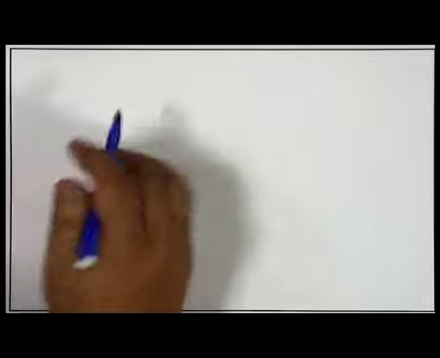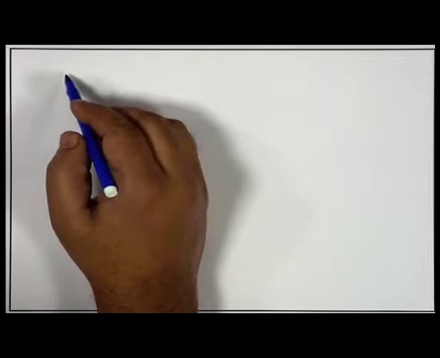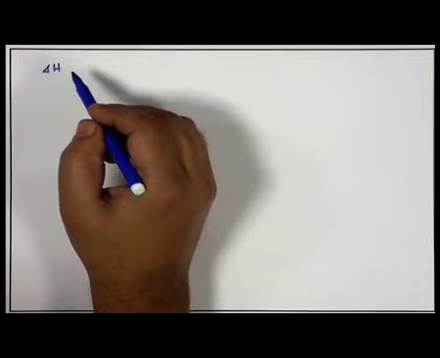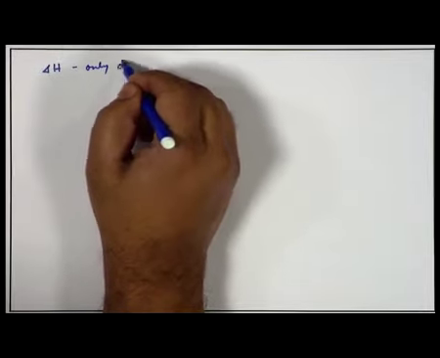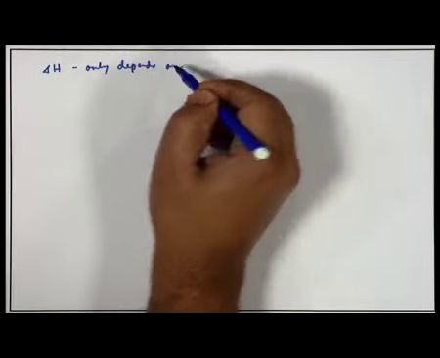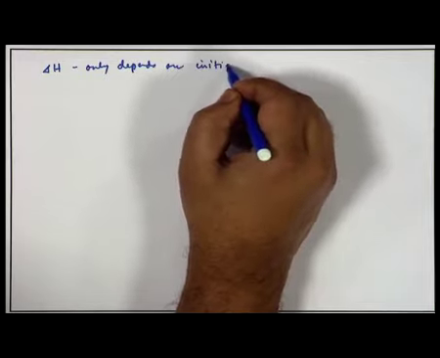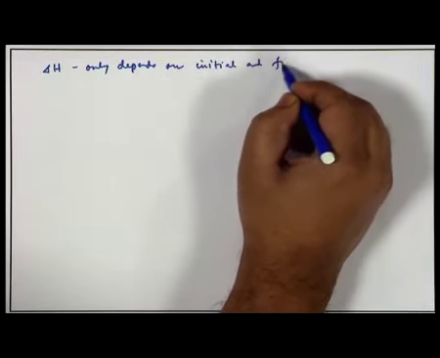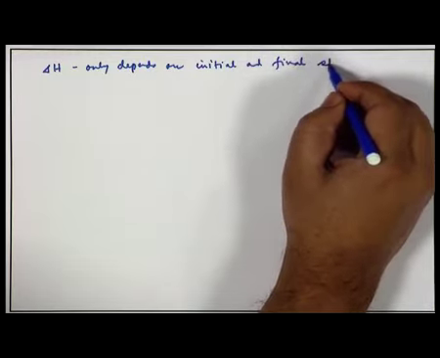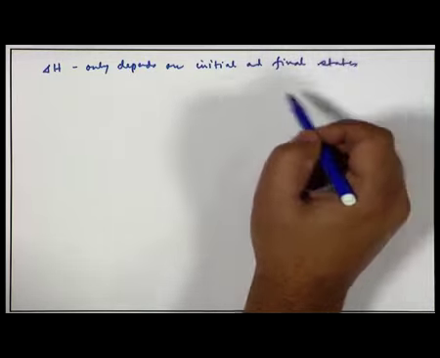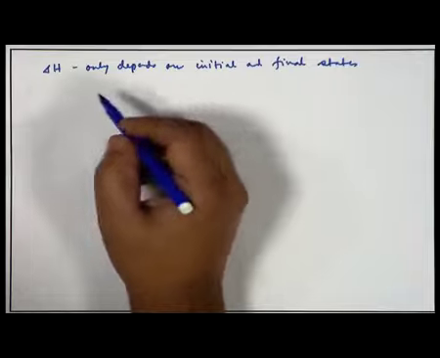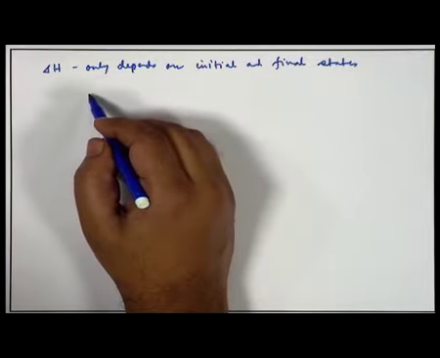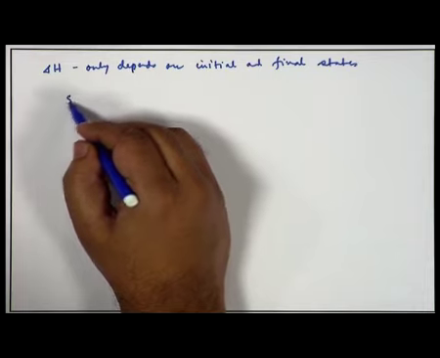Now, we have talked earlier also that delta H is a state function. So, it only depends on the initial and final states. So, as I showed earlier also, we can break any reaction into as many steps as we can possibly think of.